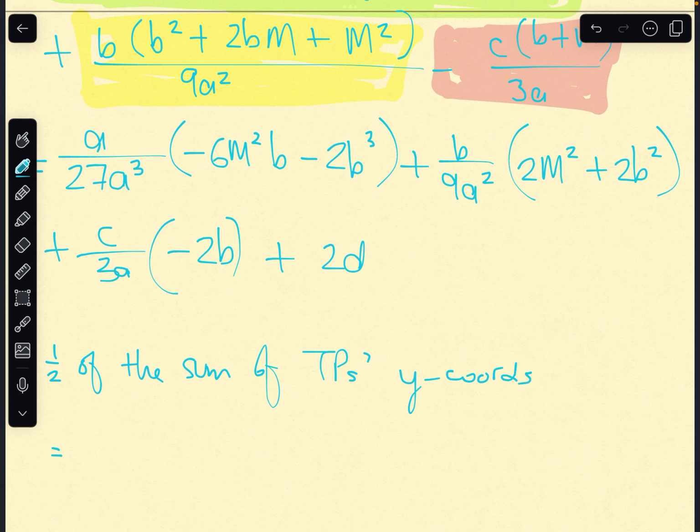is equal to, I'm just going to straight away halve this because they look even already, so that's easy enough.